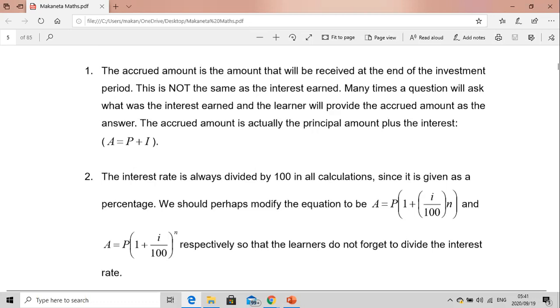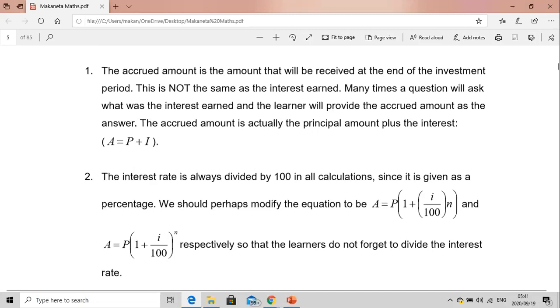Once again, when you look at the interest rate, as I always say, when you are given 6%, you need to know that 6% simply means 6 out of 100. So you must divide your interest, as always, by 100 in all calculations. In other words, if you want to modify your formula for simple interest, you may do so that you don't go wrong in the exam.